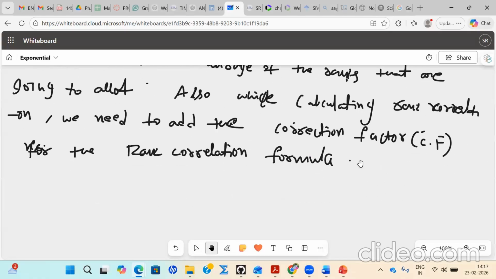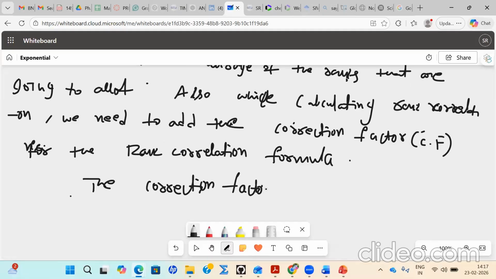The correction factor is m into m square minus 1 by 12. So what is m here?